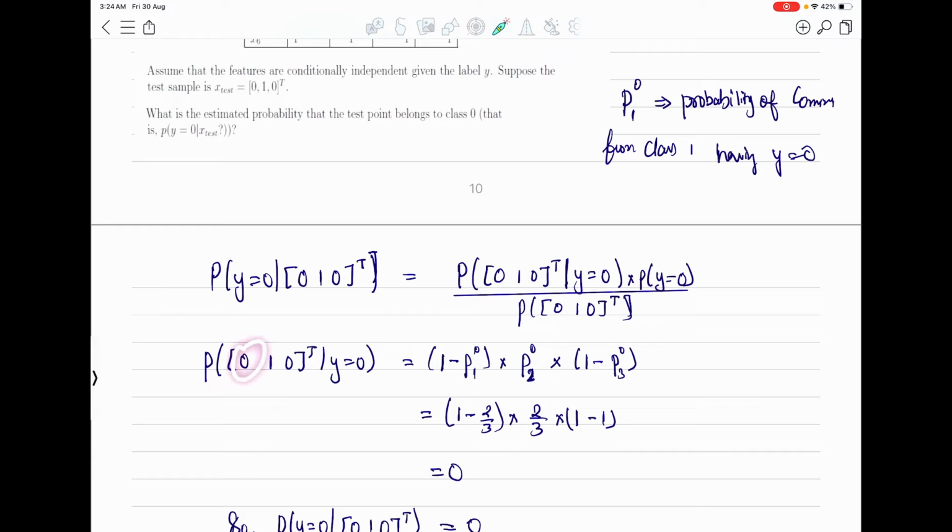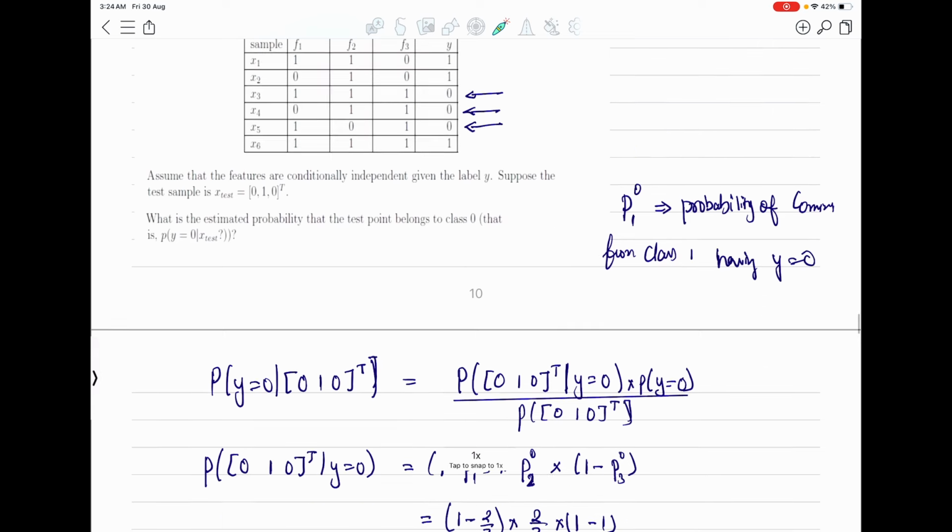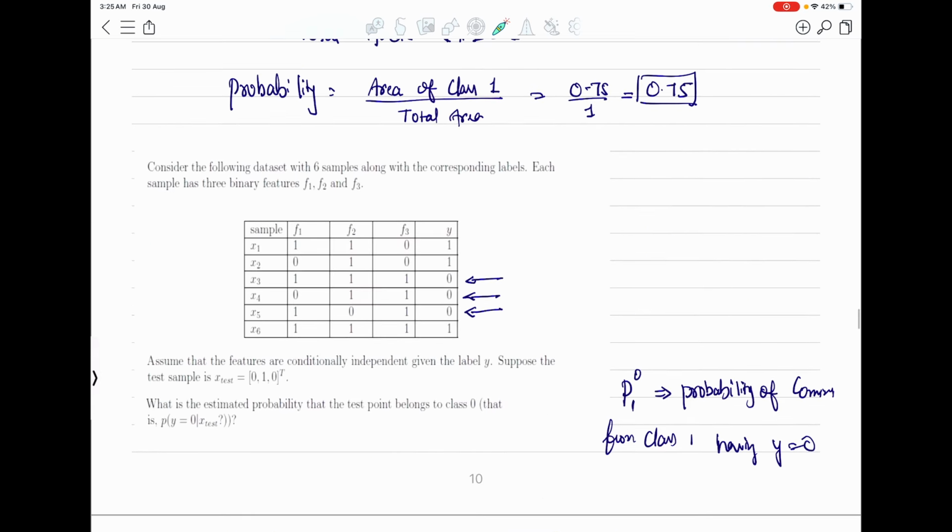Okay, so for 0 we will write 1 minus this. Here it is 1, so we will write probability of class 2 given y equals to 0, and for this it is again 0, so we will write 1 minus p of class 3. Now this is basically probability of y equals to 0 coming from class 1.